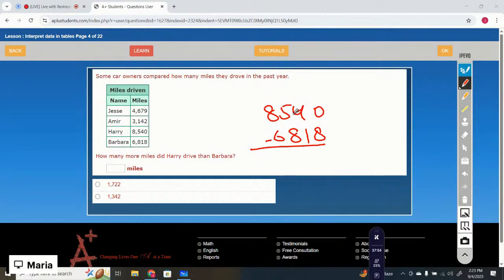10 take away 8 is 2, 3 take away 1 is 2. You need to borrow 1. 15 take away 8 is 7 and 7 take away 6 is 1. That is 1,722.